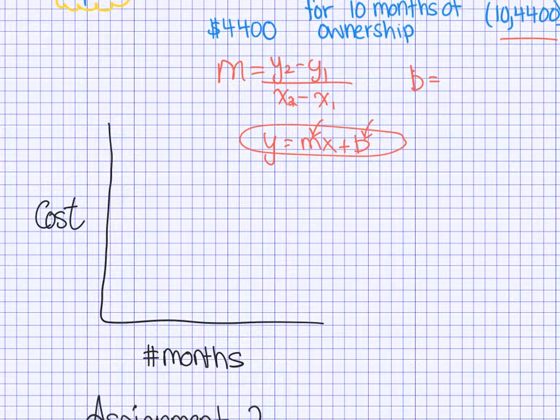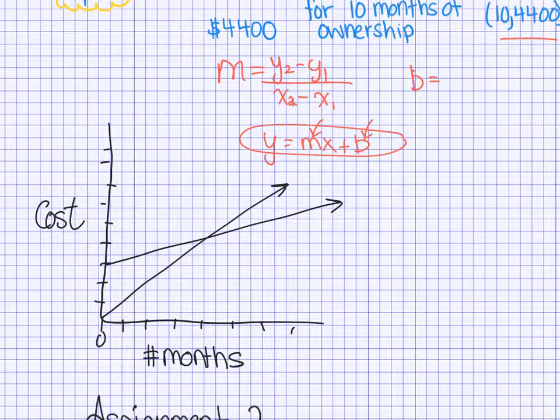Then figure out a scale for underneath here, whatever you're going to go up by, and a scale for your cost. It doesn't really matter, as long as you can find the point where they're going to intersect. I'm not making this because it's for you to do, but make sure your scale goes up by a number that lets you see that point of intersection. So you have to play around with that.